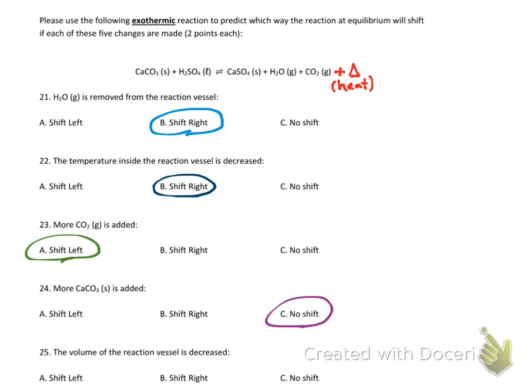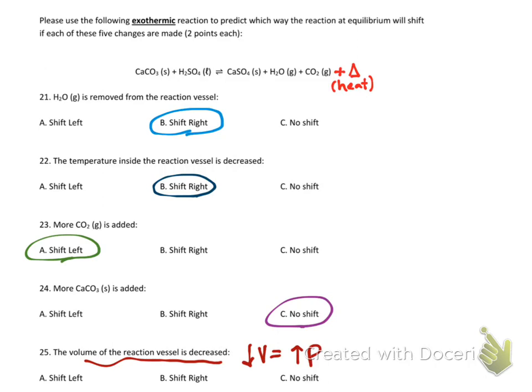So the final question is, what happens if our reaction vessel's volume is decreased? Now remember, if you decrease volume, that means that you end up with an increase in pressure, because a smaller environment for the gases to move around means more collisions. Okay, so Le Chatelier's principle says that if we artificially up the pressure, the reaction will shift to the side that will help remove some pressure.